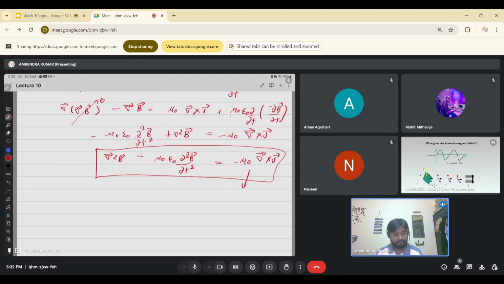So this is the source for generating the magnetic field from electromagnetic radiation.